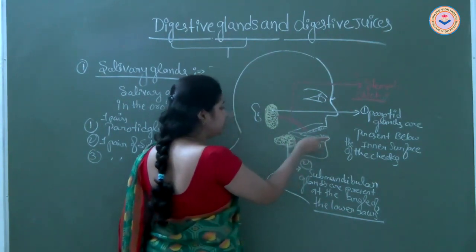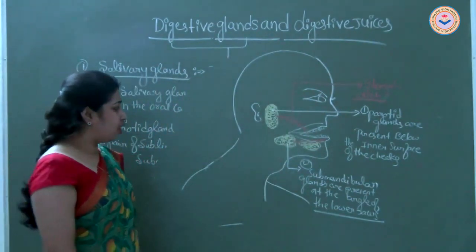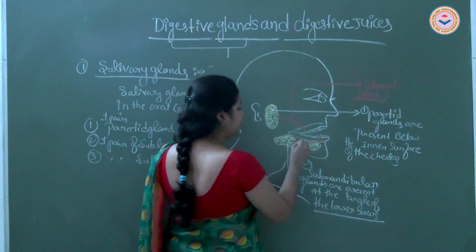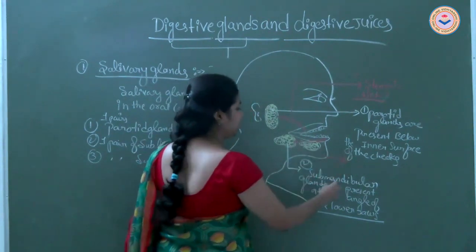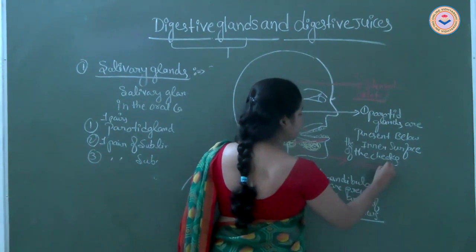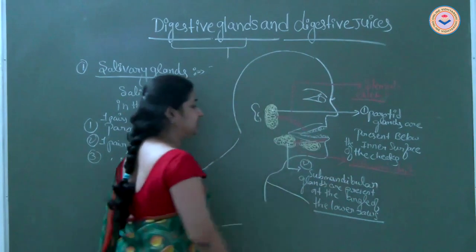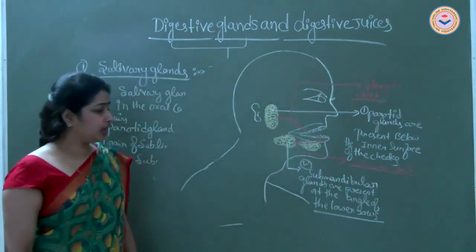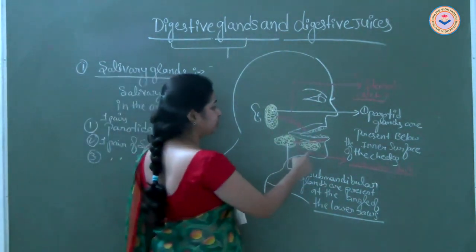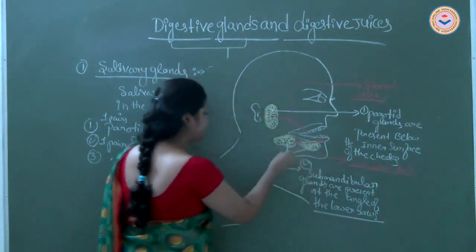The duct of the submandibular gland is called Wharton's duct. Next, coming to the third one, the sublingual gland.